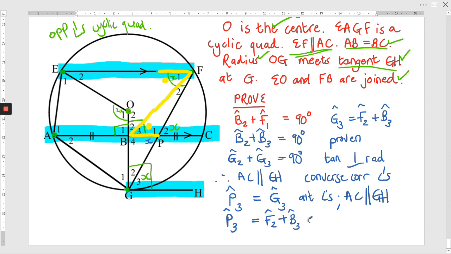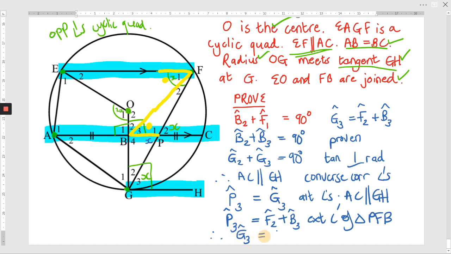And my reason was exterior angle of a triangle. I'm going to name the triangle. You don't have to, but I find it helpful to know where I'm standing with it. It's PFB. Therefore, G3, which I already said was the same as P3, equals F2 plus B3.